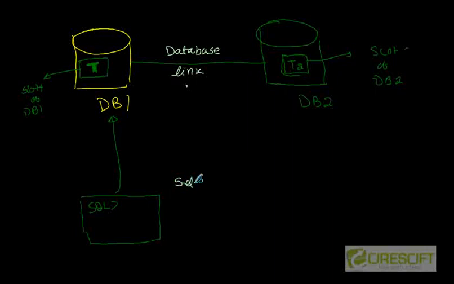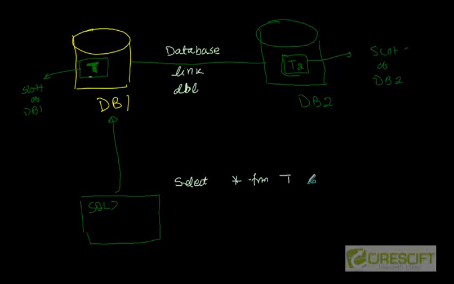While I am connected to db1, if I do select star from T, and let's say the database link name is dbl, then I'll get the data from table T in the local database.